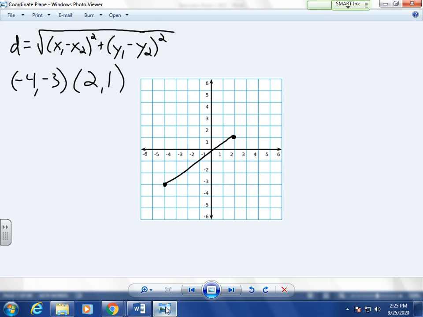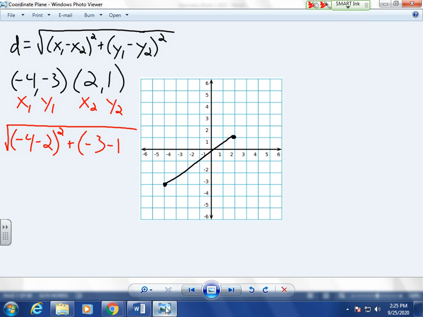And I'm again going to label x1, y1, first x, first y, second x, and second y. And here we go, okay? The square root of our x values, -4 minus 2, that's being squared, plus the difference of our y values, -3 minus 1, and that's being squared.